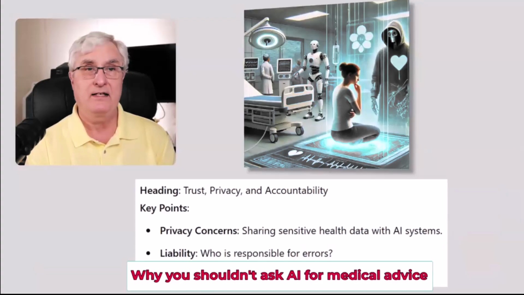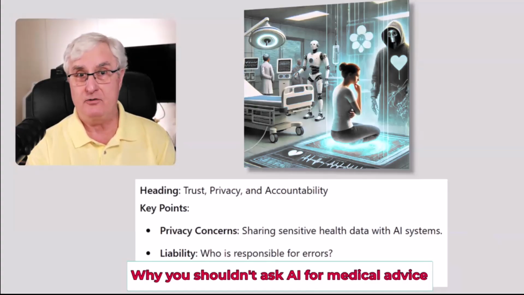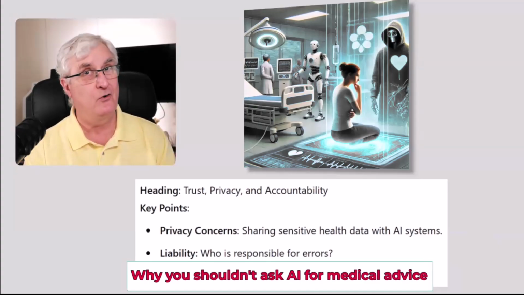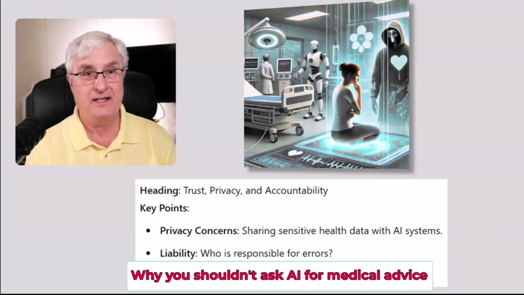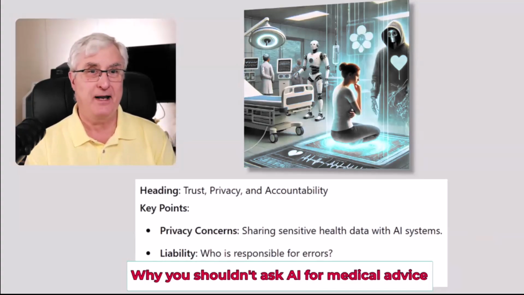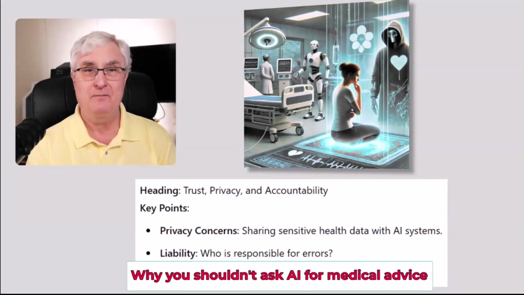Now, the other thing that comes in are ethical considerations about trust, privacy, and accountability. You're often putting information into the system. Remember, it's all going into the cloud, and you're sharing sensitive data with AI systems that have no respect of your privacy.